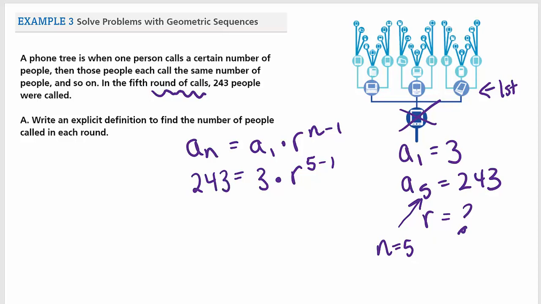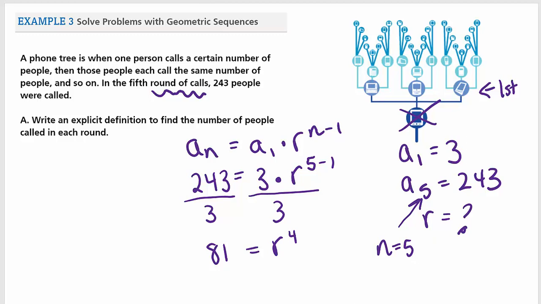Now we have a formula with one variable, so we can simplify and solve. I'm going to start by dividing both sides by 3. So we end up getting 81 on the left-hand side and r raised to the exponent 4 on the right-hand side.